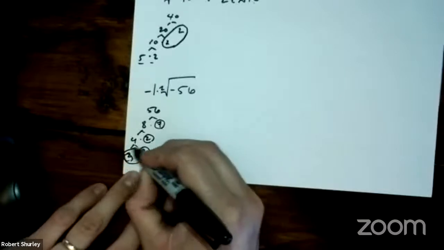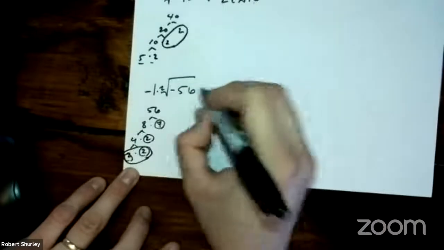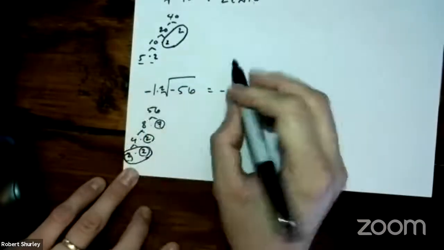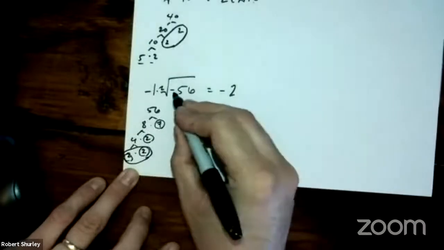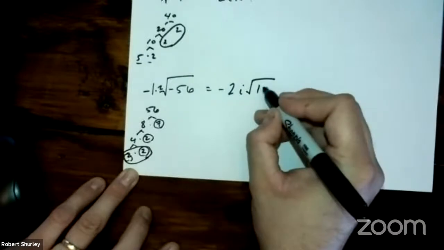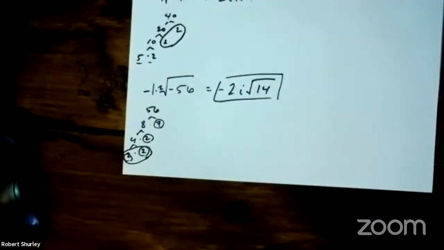So I've got a pair of 2's here, and then we've got a negative, and then there's a negative here. So really, this negative on the outside is from the negative that was already there. I'm going to take a 2 out, and then I'm going to take an i out. What's left over is 7 times 2, so 14. Boom, I've simplified that completely.